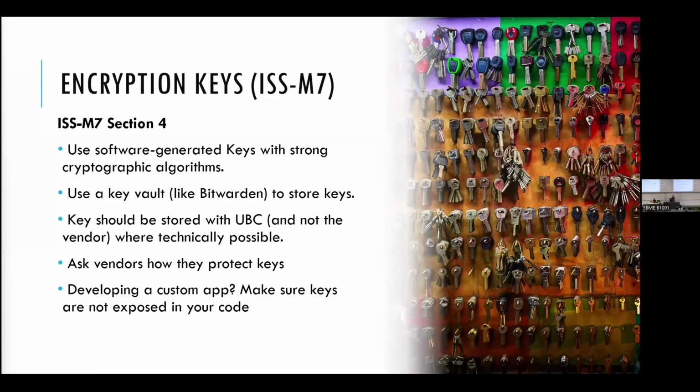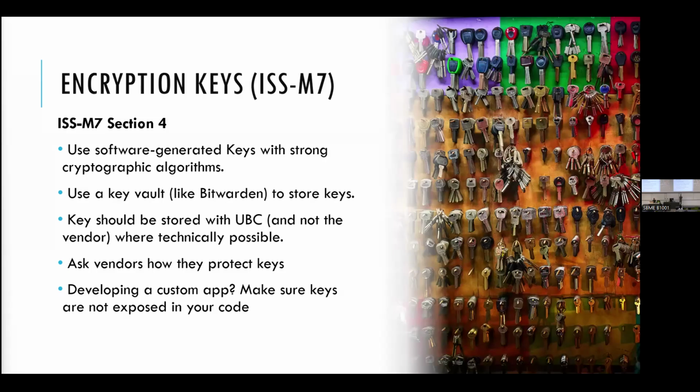One important thing, more specifically if you're working with cloud, is keys should be stored at UBC where technically possible. The reason we decided to add that to the standards is that a lot of the companies, AWS for example, if you're using some of their services, will say, okay, cool, you encrypt that S3 bucket, we can manage the key for you.